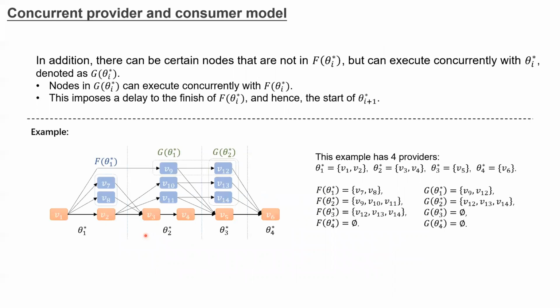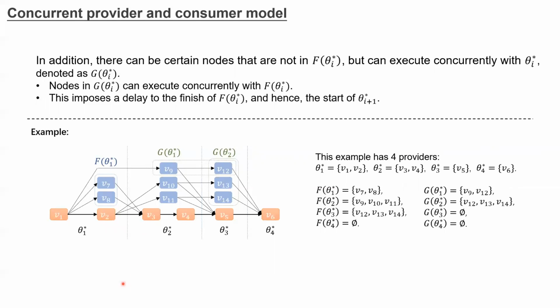And in addition, there can be certain nodes that are not in the consumer group of a provider, but can still execute concurrently with the provider. Such nodes are denoted as G. Nodes in G can actually execute concurrently with the consumer nodes of the provider, and this will impose a delay to the finish of the consumers and hence the start of the next provider.